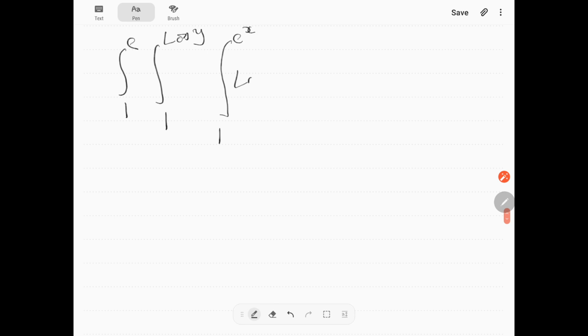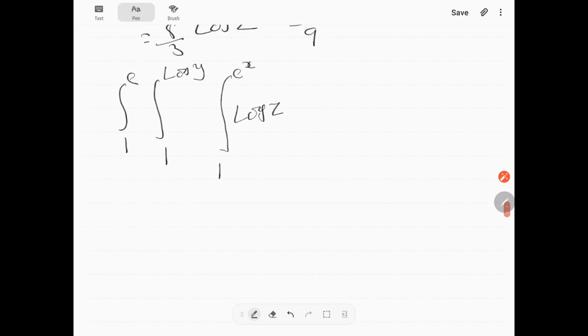The integrand is log z, and the order, as I mentioned here: if I consider the two limits as functions of x and z, then they would be the limits for y. But that y I should not get here, and I am getting y, therefore I should not consider them as functions of x and z.